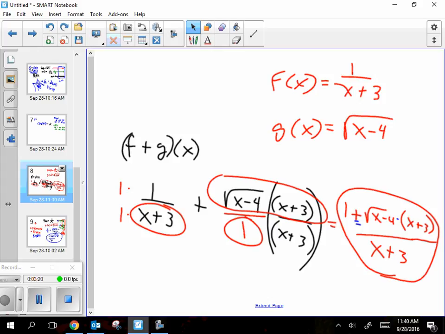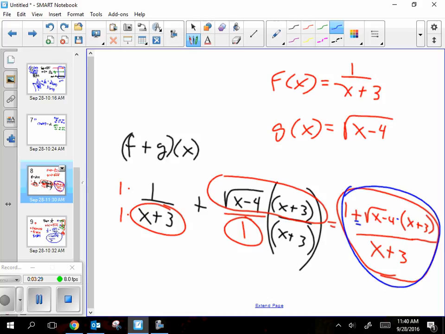So how about this domain? The domain of this, it's really tempting to look at this right here and try to find the domain by looking at this guy and saying, okay, let's set the denominator not equal to 0. Let's set the square root part greater than or equal to 0. You can't do that. When you have a new function that's made up of two parent functions, you have to go back to the original one's domain and range. This is like the child, and these are like the parent functions.